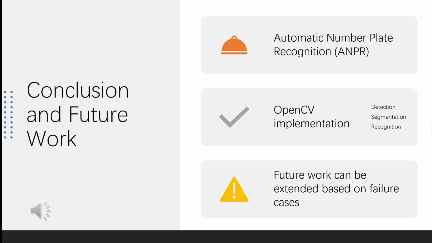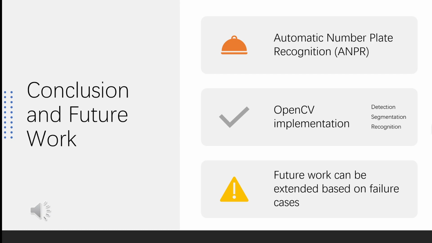The future work can be extended based on the failure cases. The first failure case indicates that if the license plate contains characters other than numeric and alphabet characters, then the ANPR program will not be able to read and recognize them.